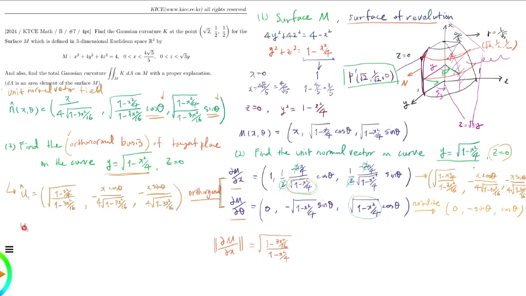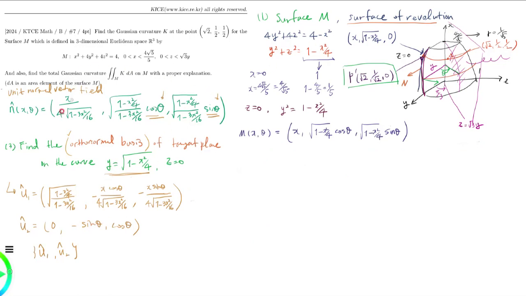And the u2 vector will be 0, minus sine, and cosine. So I get the orthonormal basis for the tangent plane on this generating curve here, at x, the square root of 1 minus x squared over 4, 0. Okay.